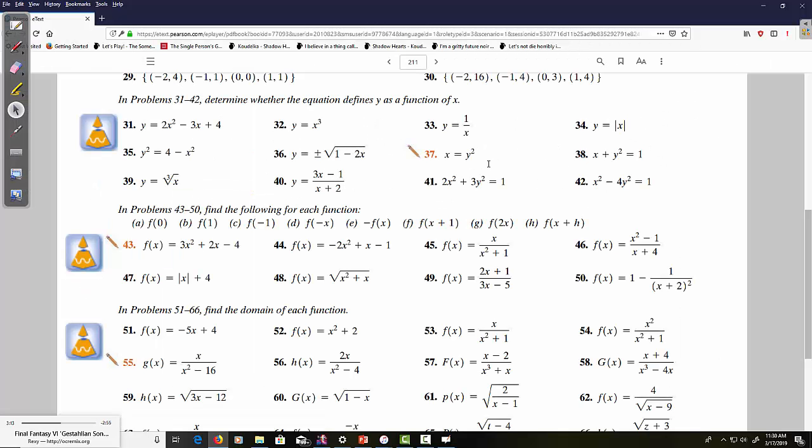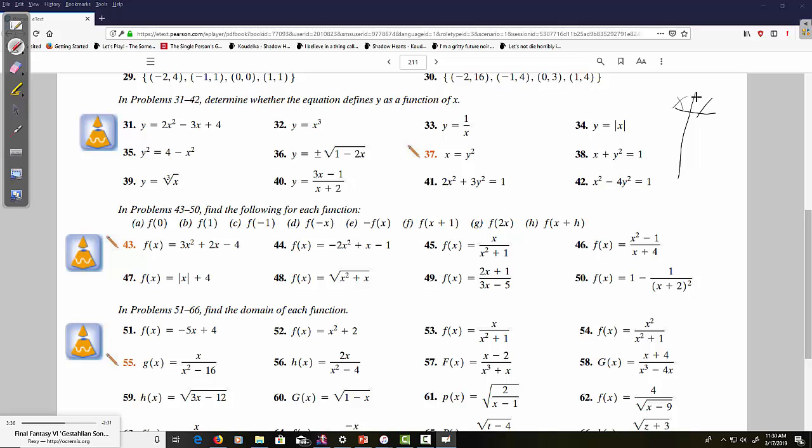We already talked about y equal 2x and indicated that was a function. These problems asked us to determine whether the equation defines y as a function of x. So let's look at, say, y equal x cubed. If you think about that, y equal x cubed, let's try a point table.